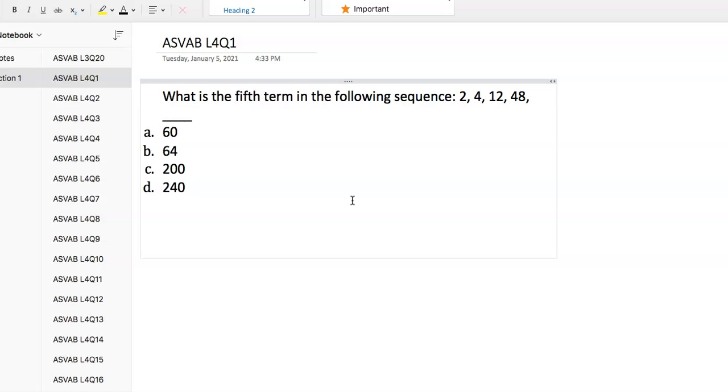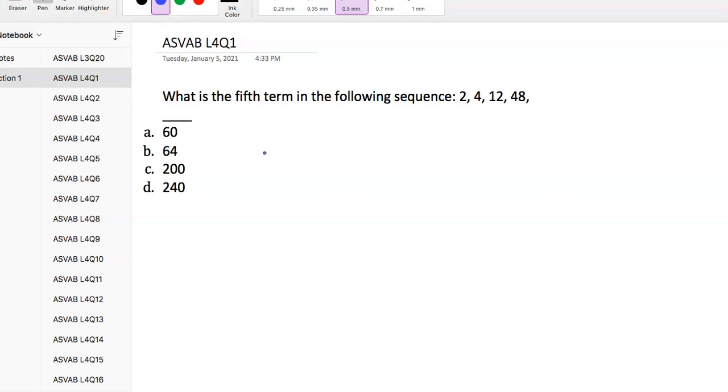Okay, so this first one has to do with patterns. It says, what is the fifth term in the following sequence? It goes 2, 4, 12, 48, and then some number. This is a common one. So you kind of just start off, right?